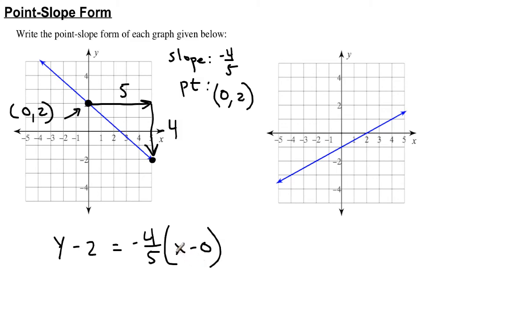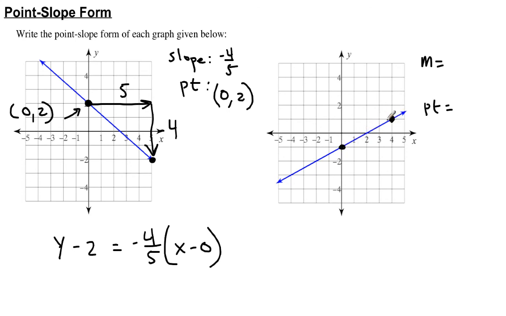Okay, let's do one more of these. Again, we want to find the slope, and then we want a point. So let's pick 2 points that it goes through. I'm looking at, I don't know, something like this, and let's make it easy on ourselves. This one.